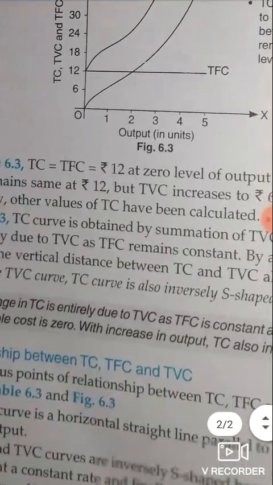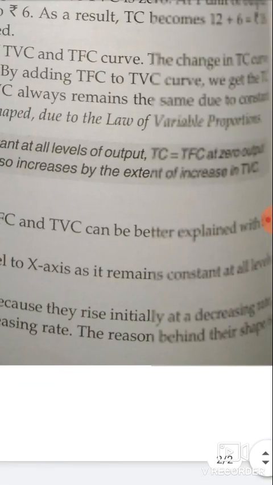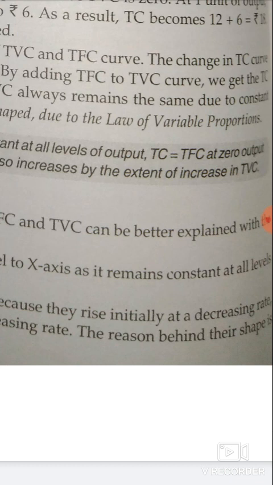Now we have studied three types of total cost. First one is total fixed cost, second one is total variable cost, third one is total cost.